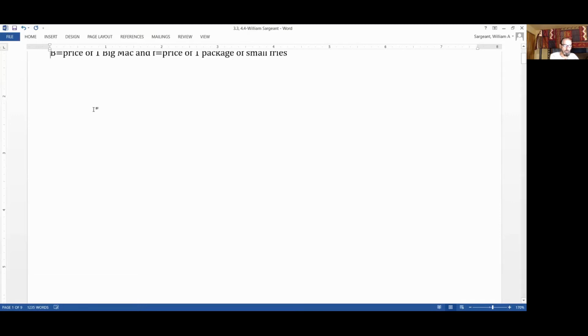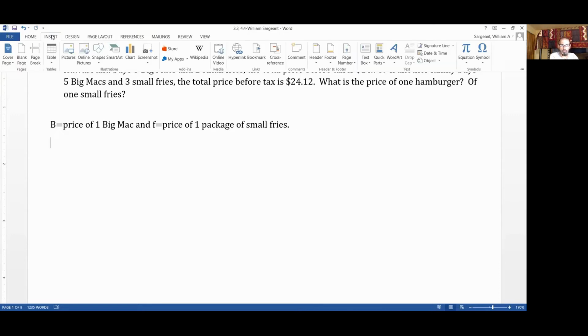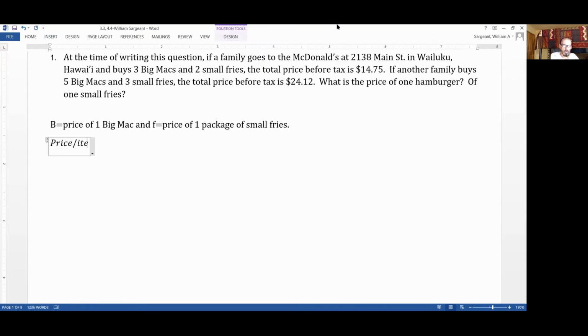Well, for both families, we have to make use of the fact that price per item times number of items is going to equal the price.